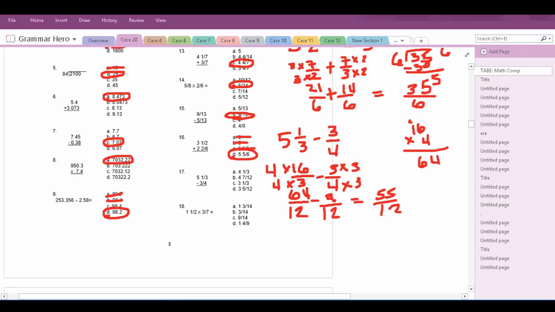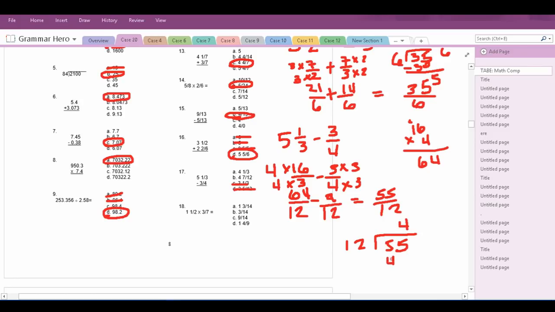How many times does 12 go into 55? Well, 12 times 3 is 36. 12 times 4 is 48. So we know we're working with a number bigger than 3. Again, this is a simple division problem. We're dividing 55 by 12. And as I said, 4 is the one that's going to get us closest to 55 without going over.